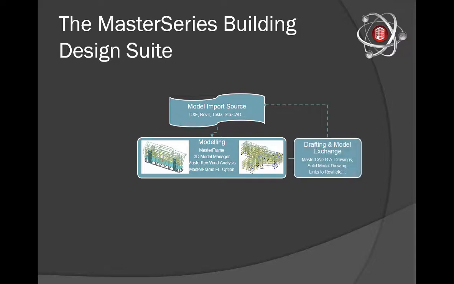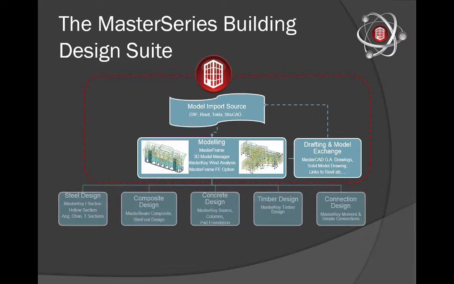And then we can exchange those back out again as GA drawings, or send them back out to Revit, Tekla and AutoCAD. So that's what we call the core. Then we have the design components underneath that: your steel design, your composite, your concrete, your timber, and your connection.